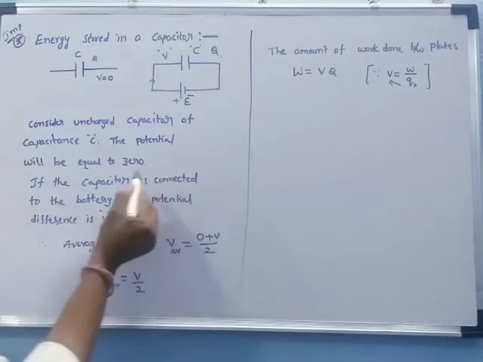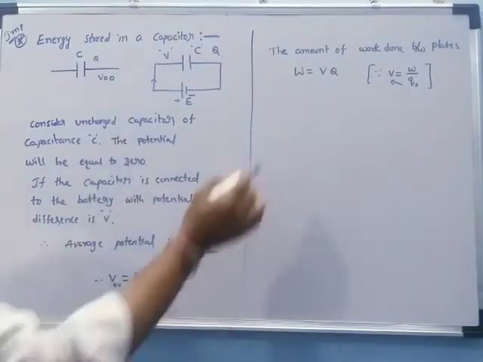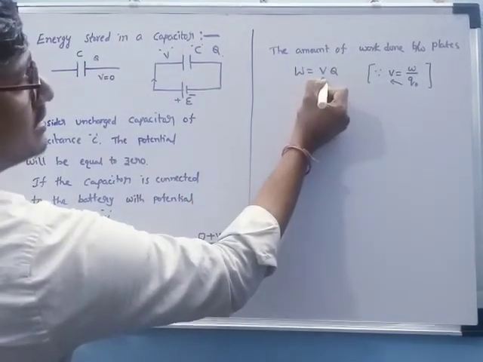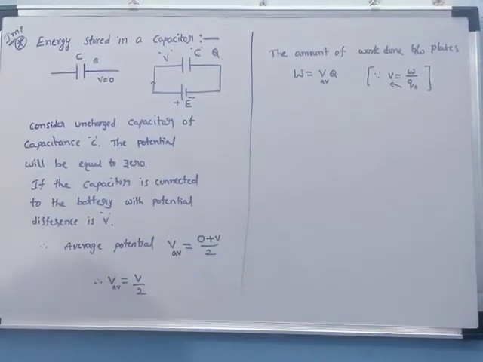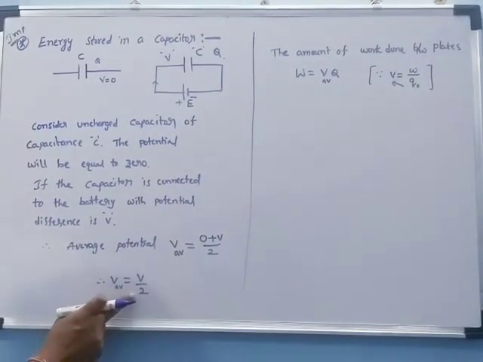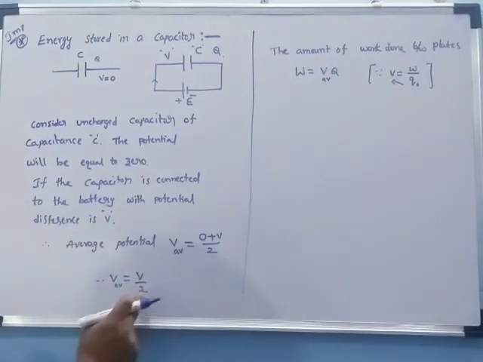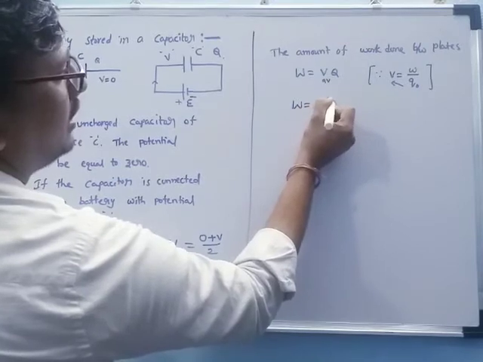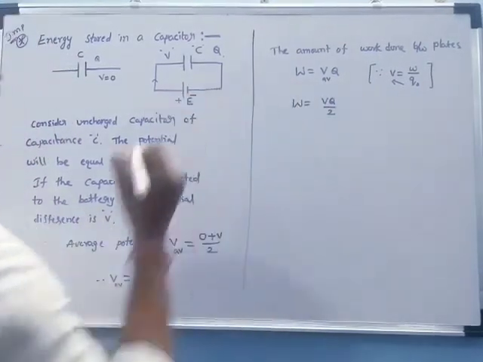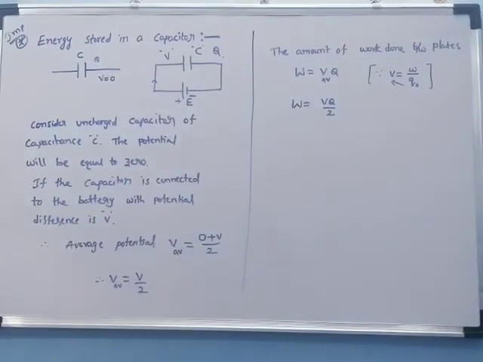Here Q is the charge and V is the potential, which is the average potential V by 2. Then the work done is equal to V into Q by 2.